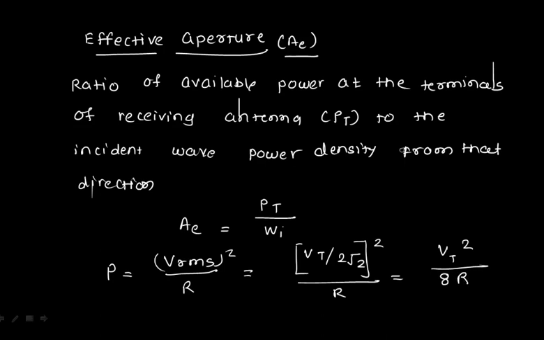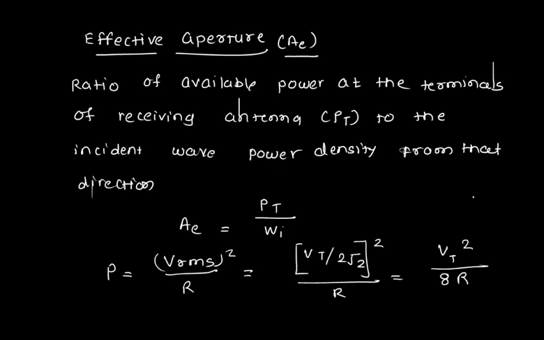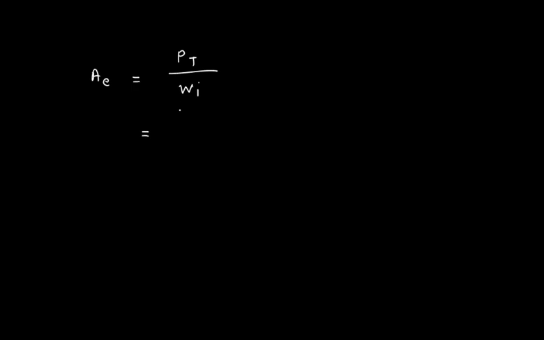I'm talking only about the power. So how do I write this effective aperture in terms of this power? Effective aperture is equal to PT by WI. PT is VT square by 8R. So this will be VT square divided by 8WI.